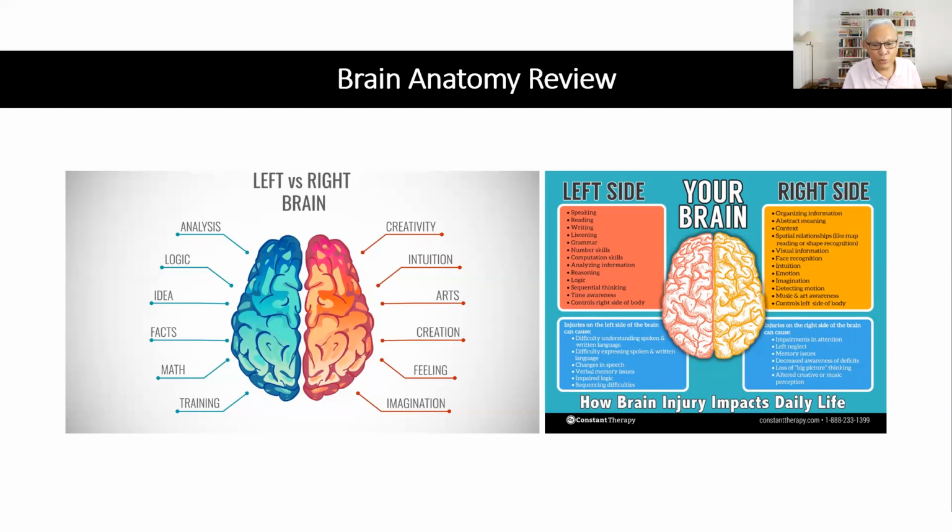For those of you who have very good grades in science and math, that means you have a predominant left brain that is well developed. You're good in numbers. The right hemisphere controls movement on the left side of the body, and this is more of the imaginative area of the brain.